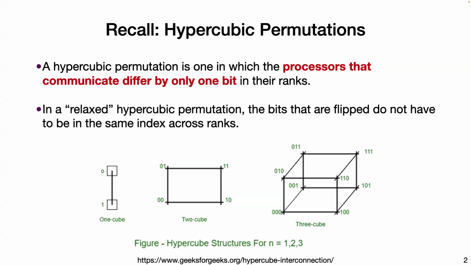And then for 3 bits, 0,0,0 is connected to 0,0,1, 0,1,0, and 1,0,0. So for d dimensions, every node has d neighbors, because if your bit length is d, then there are at most d positions that you can differ in 1 bit by. So the number of neighbors is bounded by the bit length.